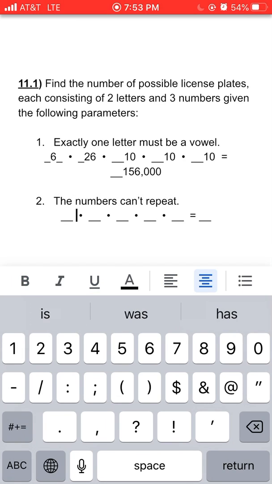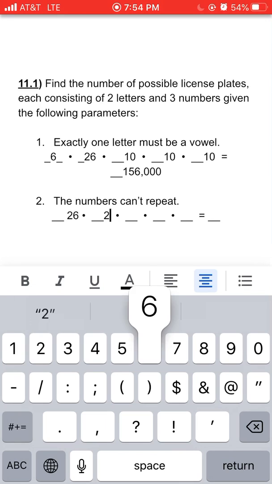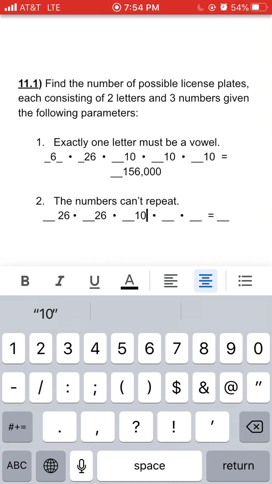For number 2, it says the numbers can't repeat. As the letters have no set parameters, we're just going to be able to choose all 26 of them, even if they repeat. But for the numbers, for the first number, we can choose 0 through 9, so that's all 10 numbers.